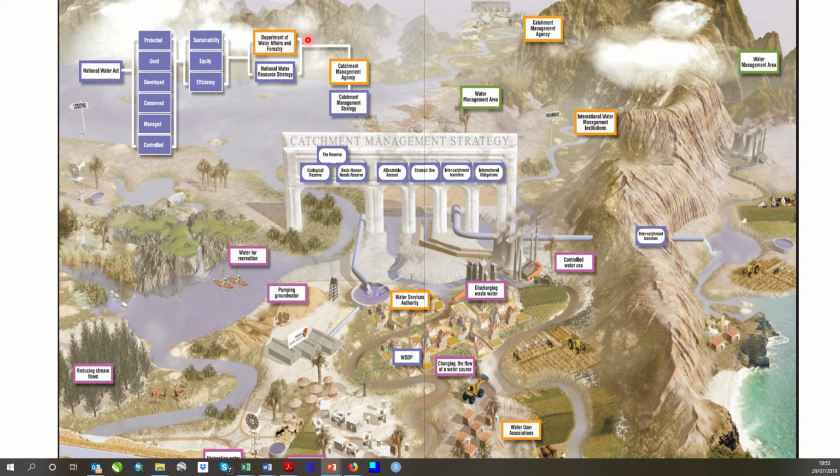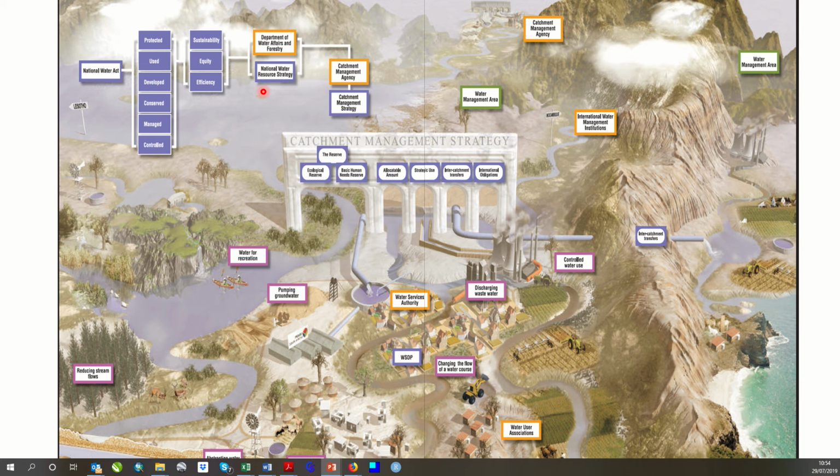And then you also have this little component here within the same department called the National Water Resource Strategy. Okay, this department is supposed to establish the strategy. And the strategy is what we're going to talk about in another lecture. How are you going to do it? So now we know who it is and what you need to do. How? Tell me how. And we have the strategy.